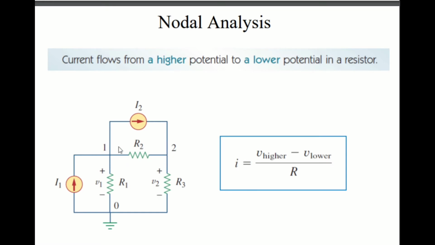If we want to determine the current that flows through R2, we can use this equation: the current flowing through R2 is V1 minus V2 over R2. Then we can get the I that flows over here. I hope you understand a bit on this, and if you couldn't pick up, it's better for you to look back into electrical principle 1, the examples from last semester.